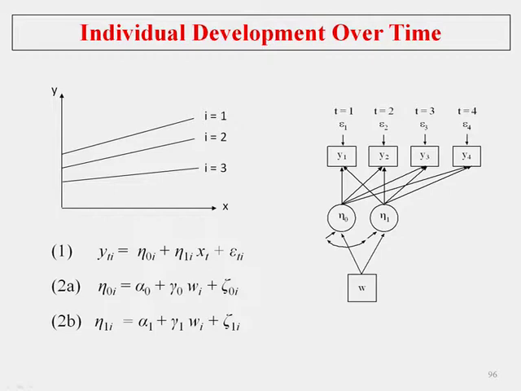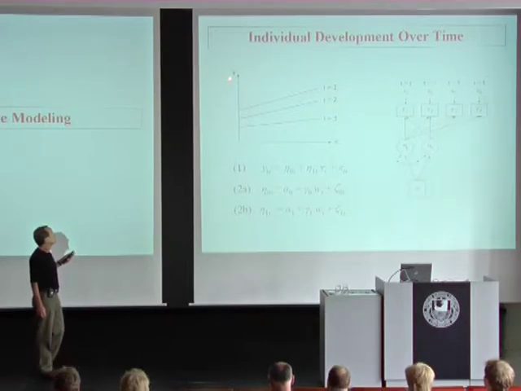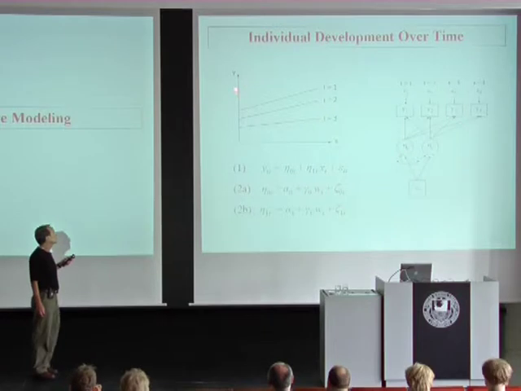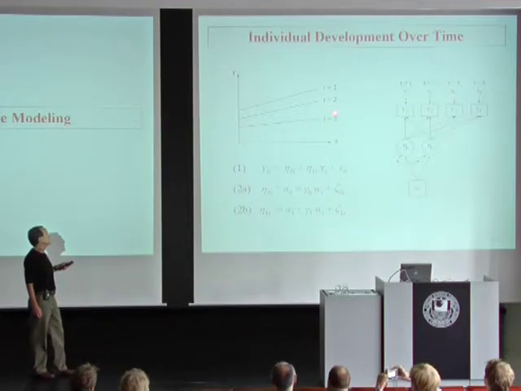But you can really ask yourself, have we done enough? Is this a realistic representation of data? For instance, if you have Y being reading development for children in kindergarten and first grade, you can ask yourself if individual 3, for instance, really belongs to the same population as individuals 1 and 2.